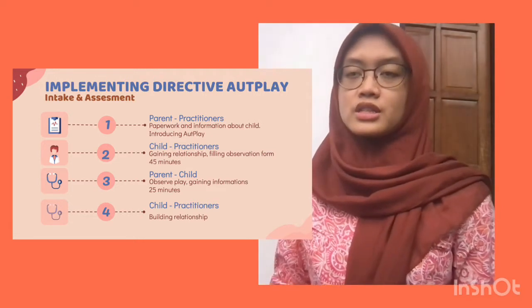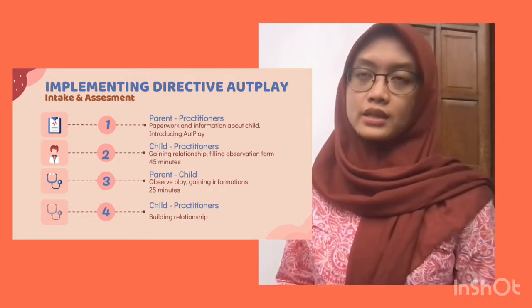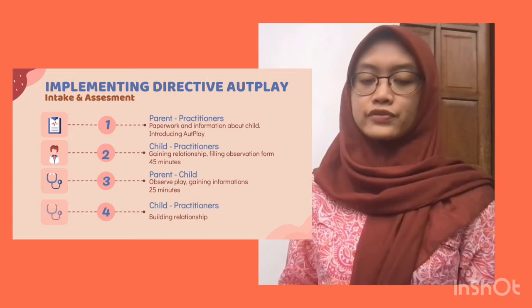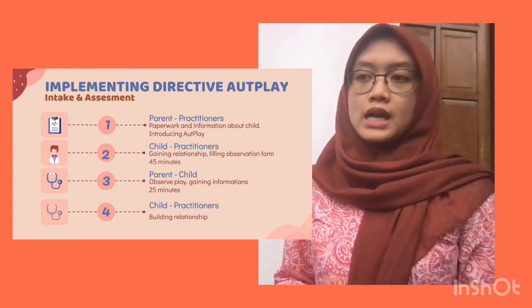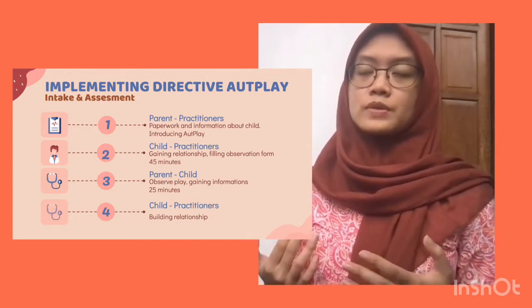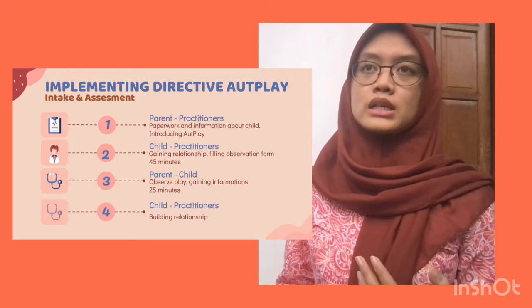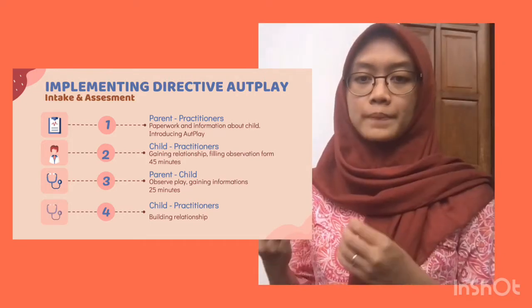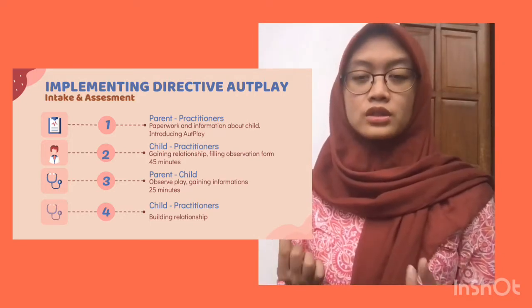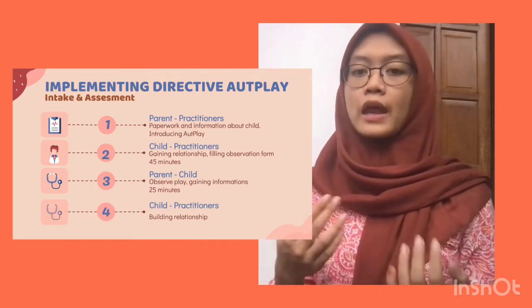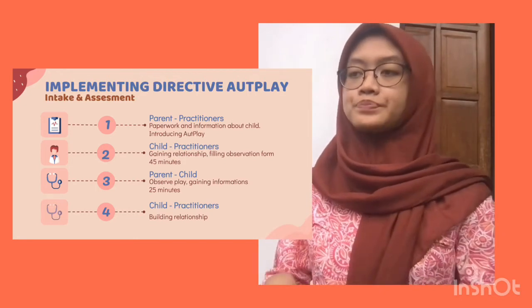The third session is with the parents and the child. This session lasts for 25 minutes. In this session, the practitioner observes the child playing with the parents and finds the differences between when the child plays with the practitioner and when the child plays with the parents.